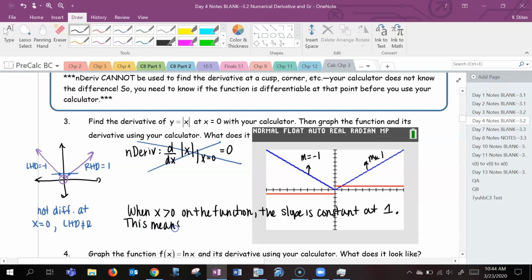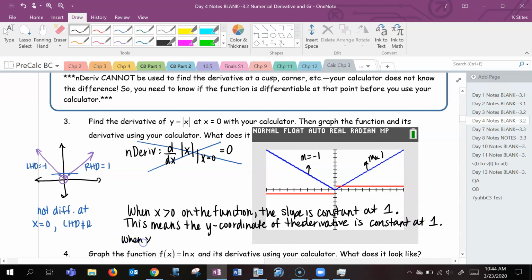This means the y-coordinate of the derivative is constant at 1.